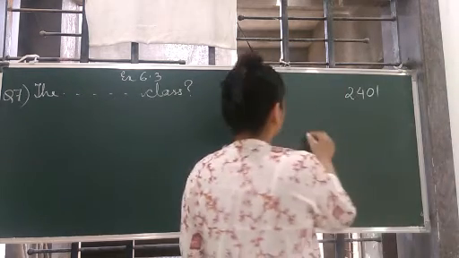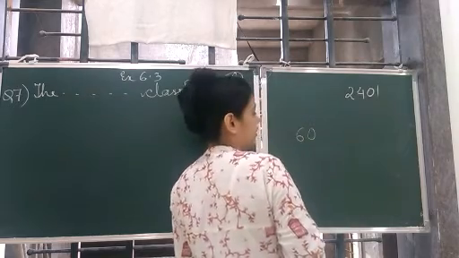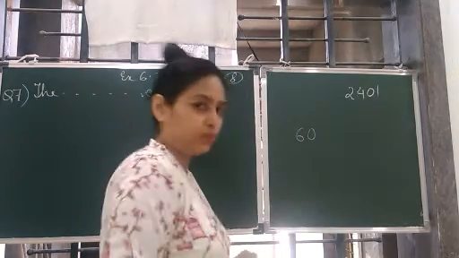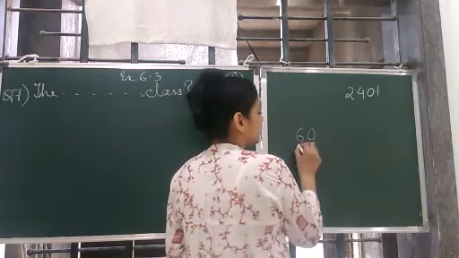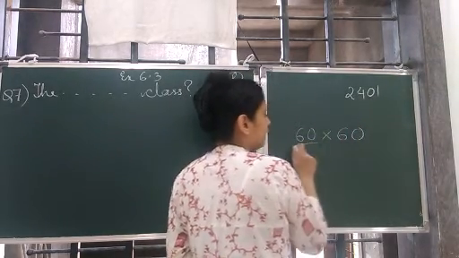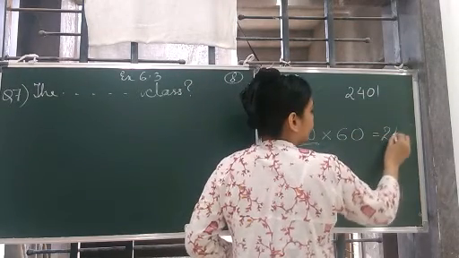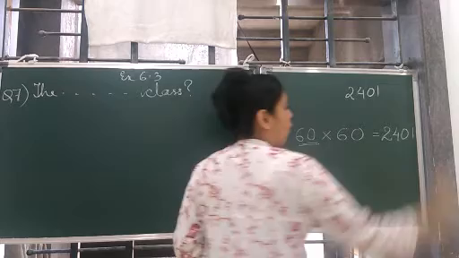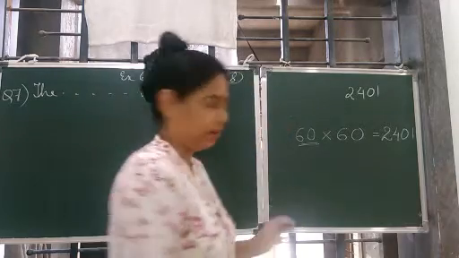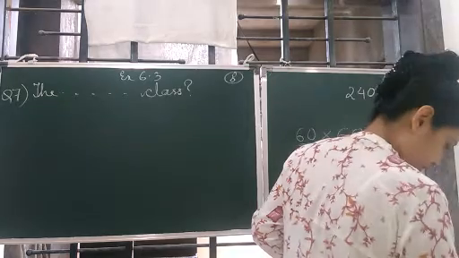So suppose if there are 60 children in the class, then each student has given 60 rupees. So if there are 60 children, each child is giving 60 rupees. So that means 60 into 60 should be equal to 2401. Okay, this is the meaning of the question.